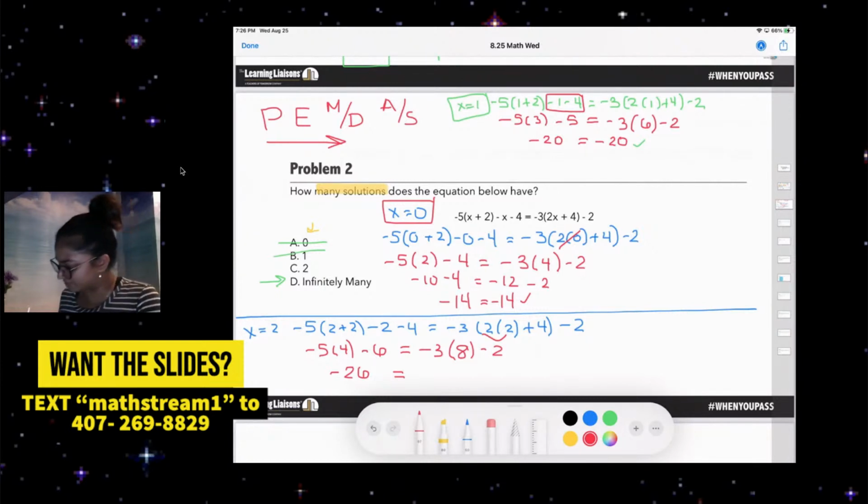Negative 24, minus 2, negative 26. Well, look at that. We have another number that so happens to work. So right now, we have 3 solutions, which is still more than 2. Well, they didn't give us any other answer other than infinitely many.